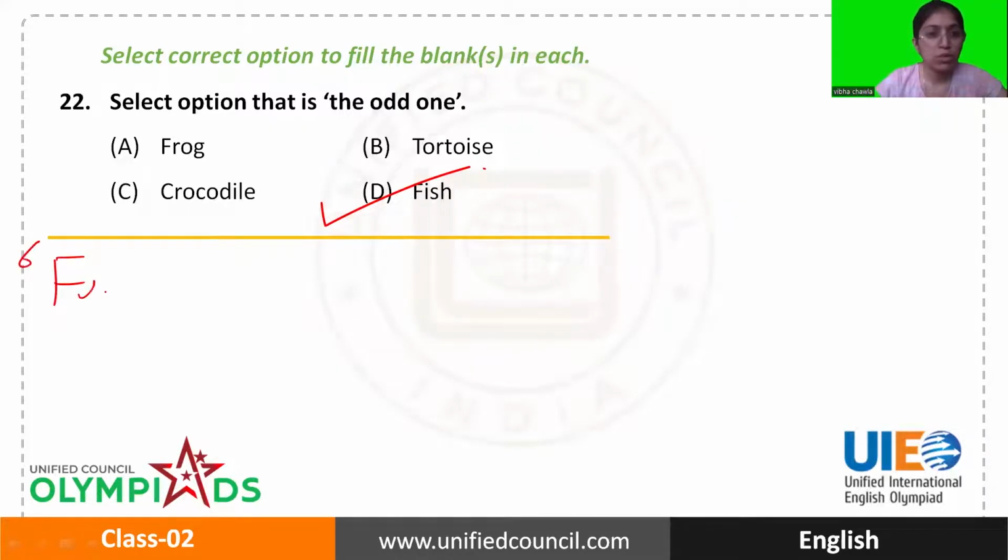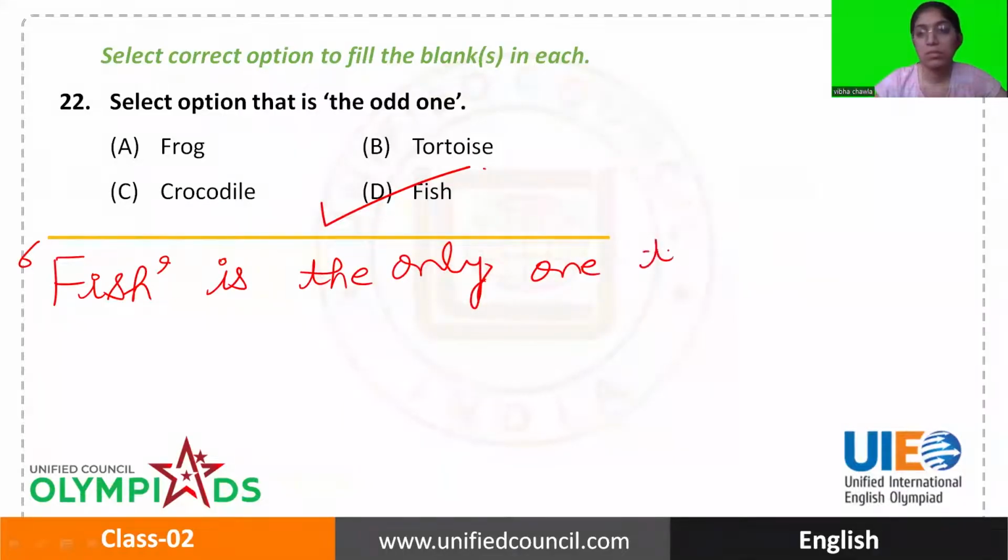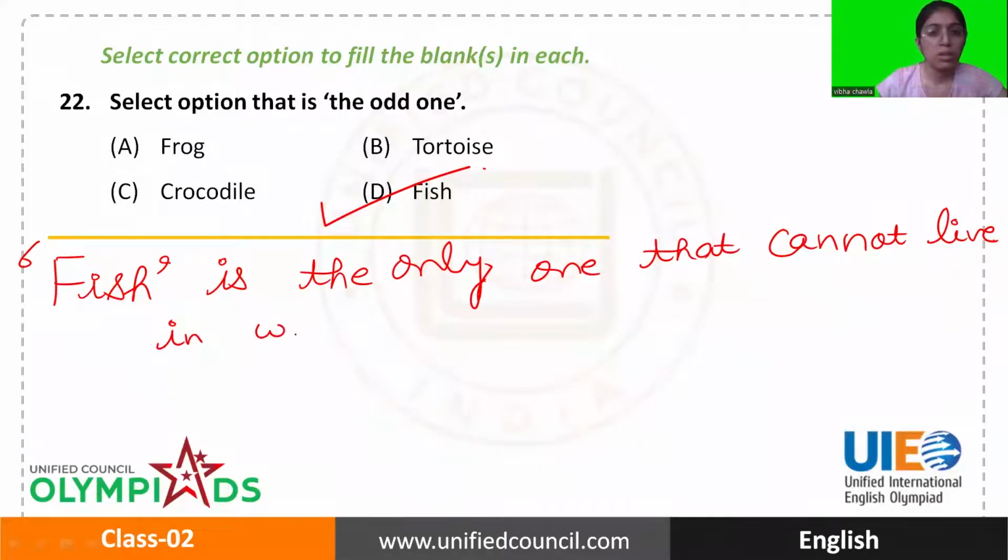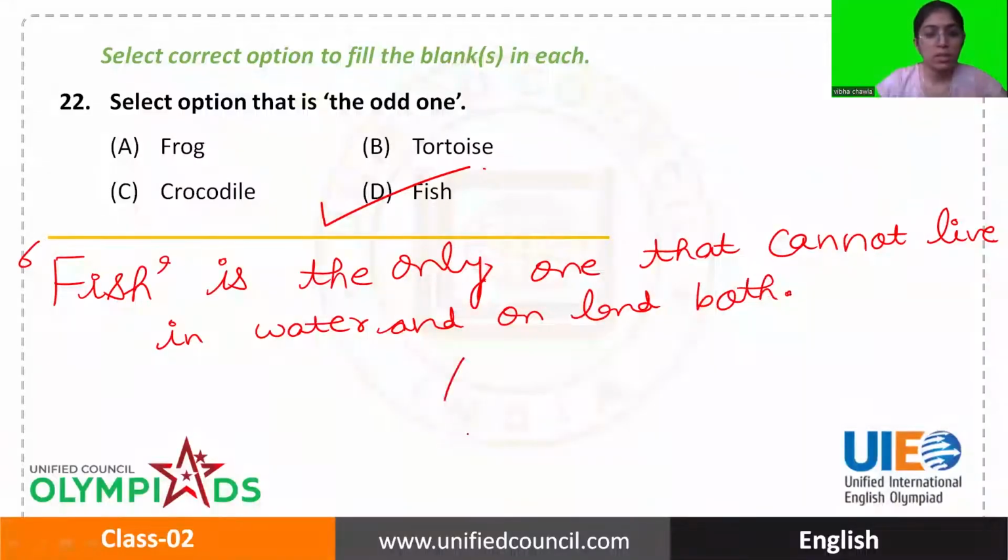That's why fish is the odd one out here. So for that reason, it is option D, fish.